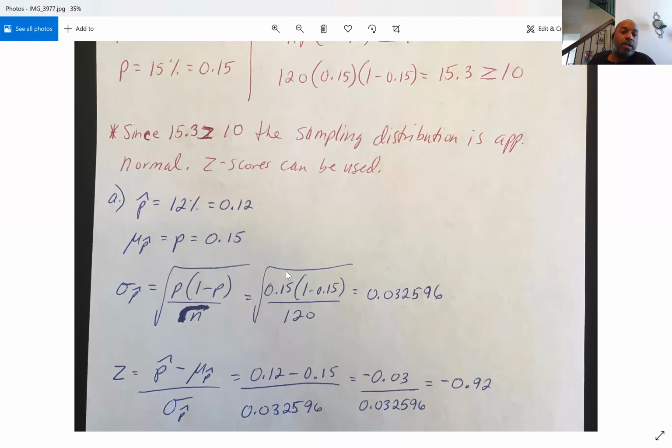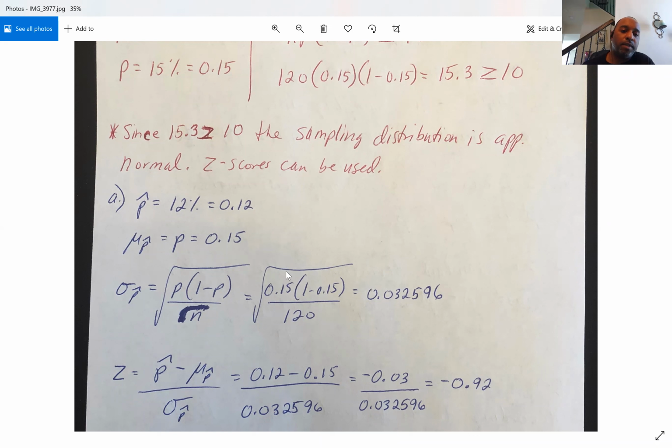So P hat is 12%, which is 0.12. And now we're just looking at A. B is going to be set up a little different, but P hat is 0.12. The population proportion is the same thing as the mean of our sample proportion, which is 0.15.